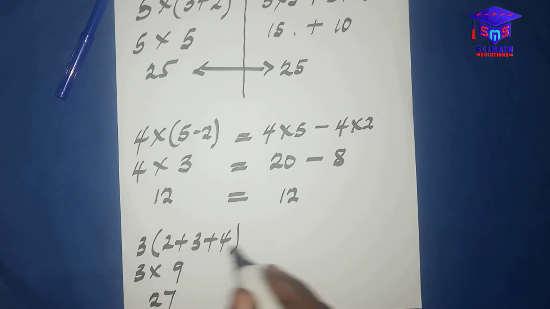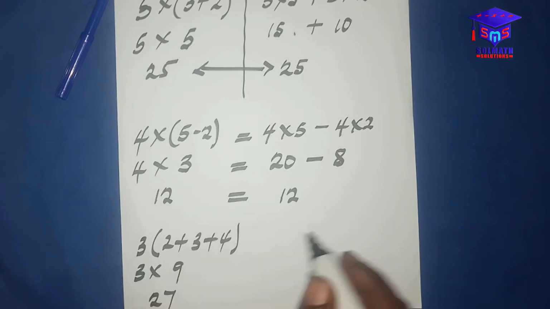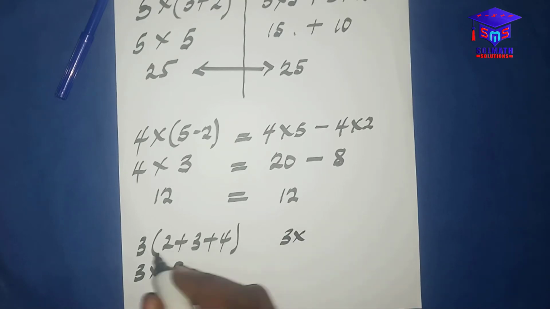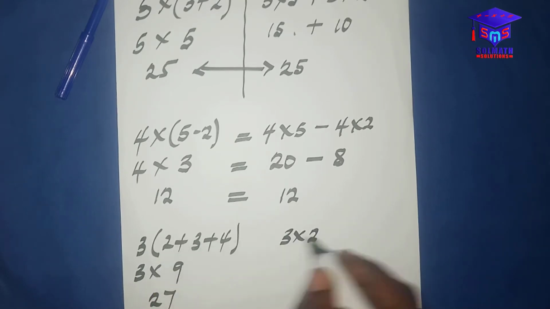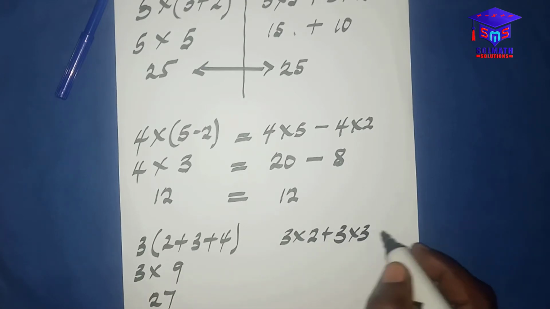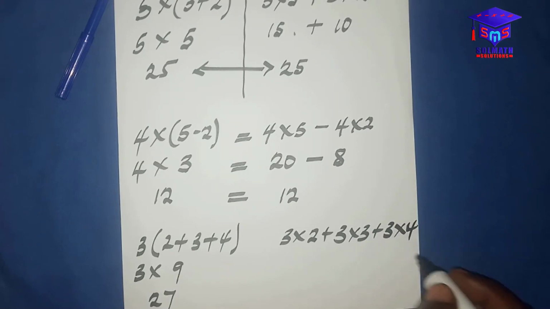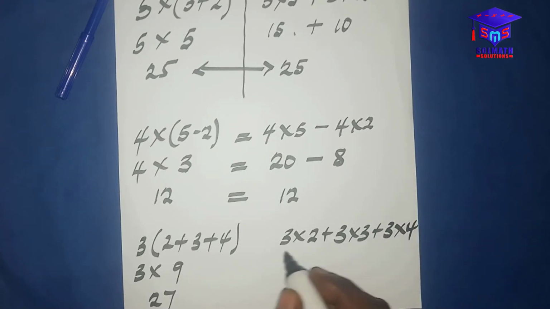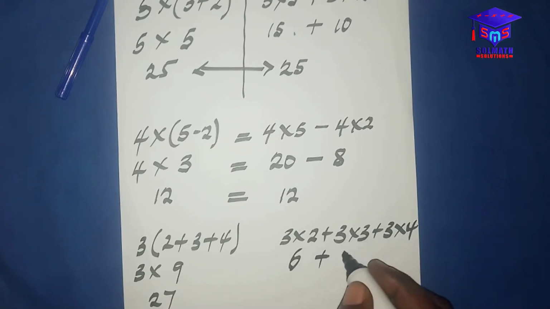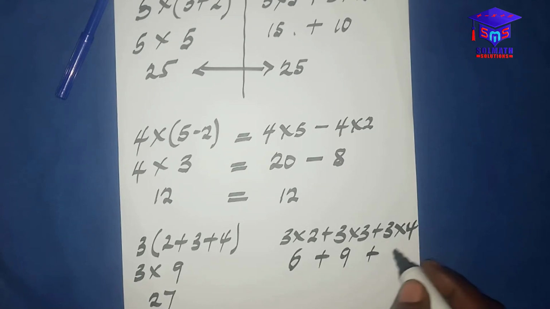We can also do this using the distributive property by distributing the quantity 3 to all the numbers we have in the bracket. So we're going to have 3 times 2 plus 3 times 3 plus 3 times what? 4. And so 3 times 2 is 6, plus 3 times 3 is 9, plus 3 times 4 is 12.